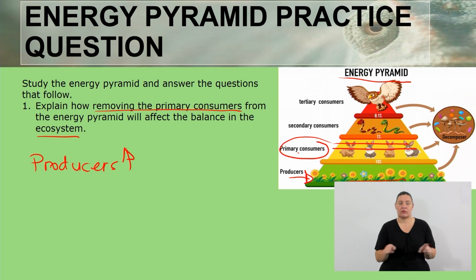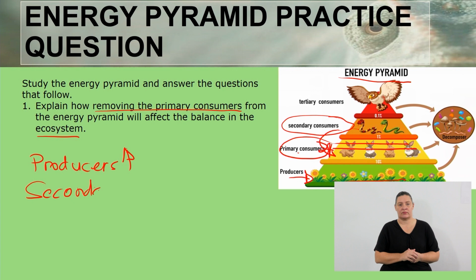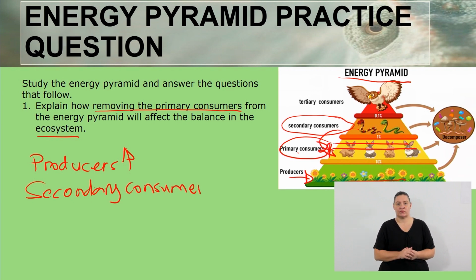And then what will also happen is that our secondary consumers will not have primary consumers to feed on. So the secondary consumers will not have anything to feed on, or animals or organisms to feed on, which then can lead to them dying because they don't have food to eat.